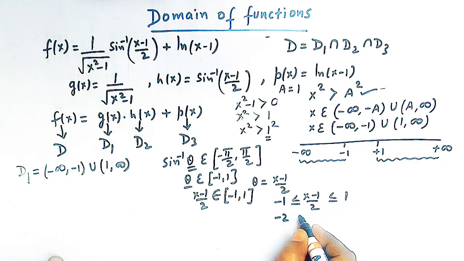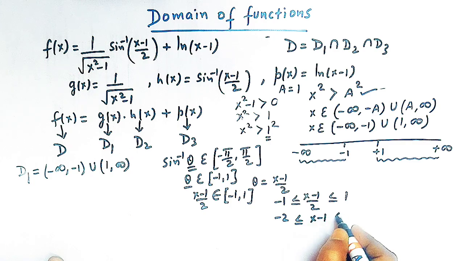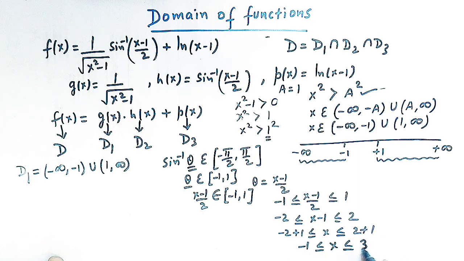So here we have minus 2, then x minus 1, and here 2. Now let us add 1 throughout so that we can get rid of this negative 1. So we have minus 2 plus 1, here x, and here 2 plus 1. Minus 2 plus 1 is minus 1, and 2 plus 1 is 3.